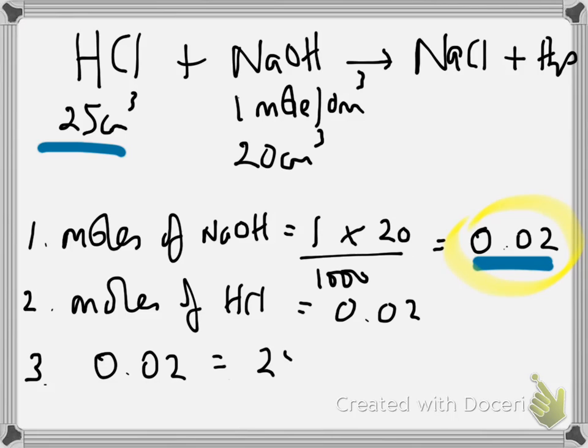So 0.02 is equal to 25 times concentration, which we don't know, divided by 1000. Therefore, concentration equals... How do you get the 1000 over to the left-hand side? You times it. So 0.02 times 1000 divided by 25. So that's 20 divided by 25.